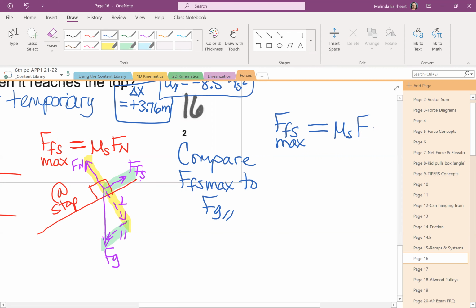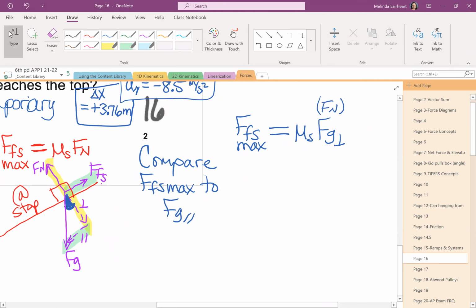And so FG perpendicular, I can plug in for Fn, and FG perpendicular is adjacent to my angle, if you put the angle at the top. And again, that's not random, that's geometry. And so what would be our substituted equation for FG perpendicular? Mg cosine theta. So mu s mg cosine theta.